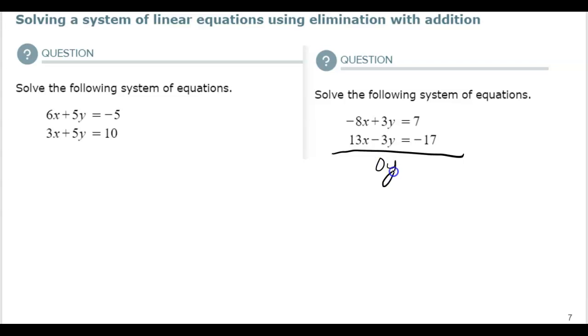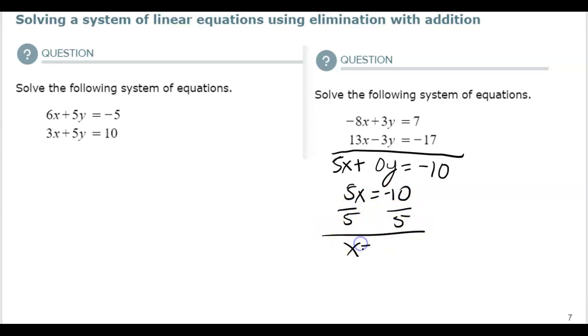So you end up with 0y. This is what we should have gotten for x. I'm not done yet. I need to plug that x value into one of those equations to solve for y.